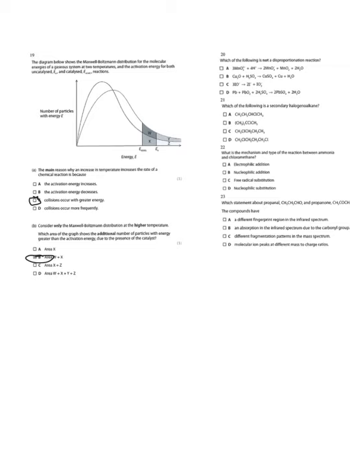Question 20, and we're looking at some disproportionation reactions. If you go through all of them, the disproportionation reaction where we have oxidation and reduction occurring simultaneously is D. 21, a secondary halogenoalkane. You can see the chlorine in the middle of the chain there.